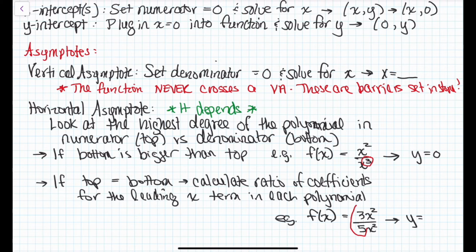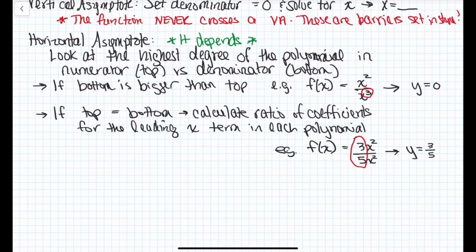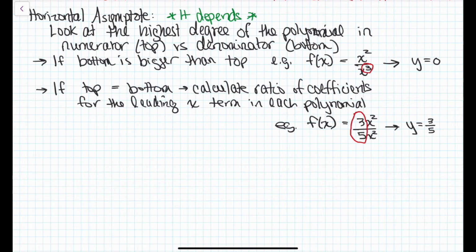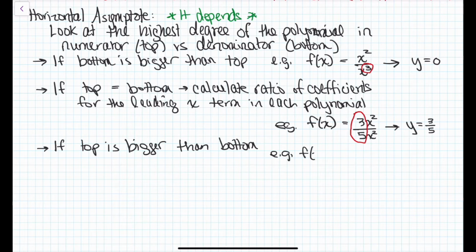So we just look at the coefficients, and so we get 3 over 5. And then lastly, the third situation, of course, is if the top is bigger than the bottom. So for example, x to the 4th divided by x cubed, 4 is bigger than 3. And in this case, we don't have horizontal asymptotes, so we just write none.